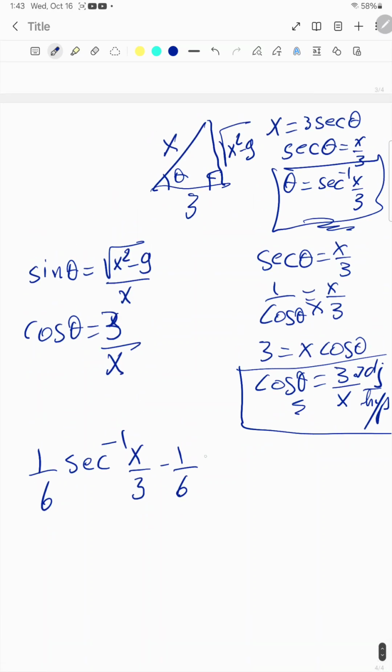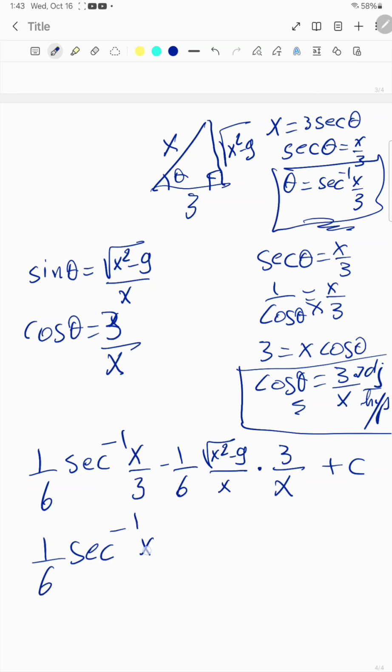So the sine of theta is square root of x squared minus 9 divided by x, and the cosine is 3 divided by x, plus c. So you can put this x squared and you can simplify by the 3 here. Let's do it. 1 over 6 sec minus 1 of x divided by 3, and this becomes minus 1/2 square root of x squared minus 9 divided by x squared plus c. And that's my final answer.